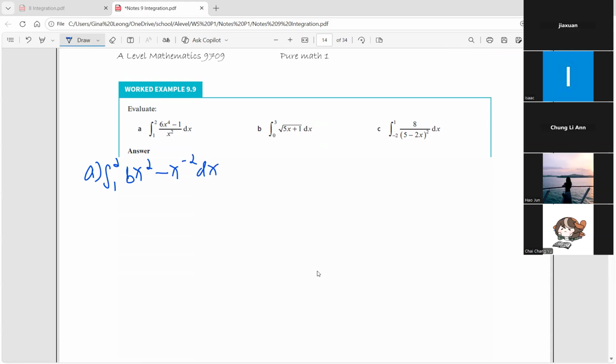Then from here, when we start to do the integration, you have to do this one over 3 minus, then this one is 1 over negative 1, then x to the negative 1. This one I can cancel actually. I will get 2x cubed plus 1 over x.